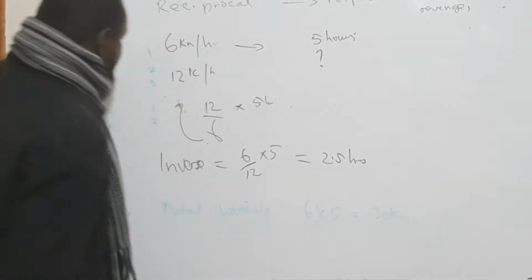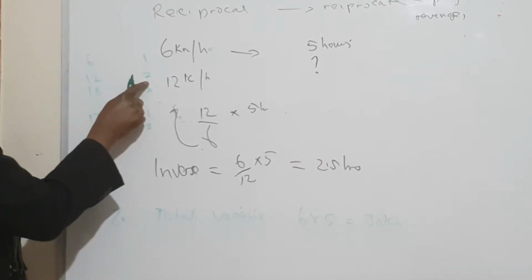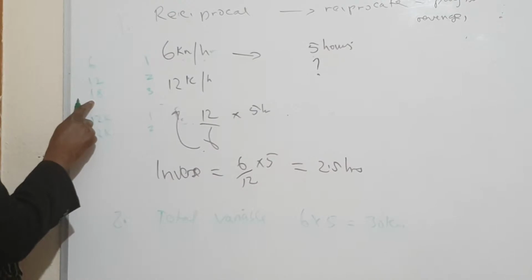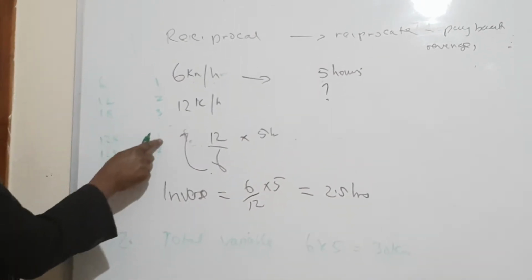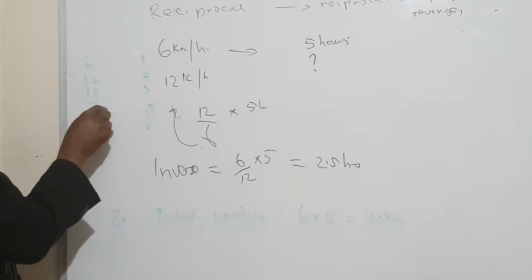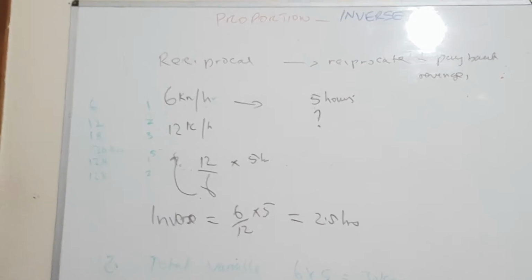Am I not right? Because in 1 hour he will have traveled 6, 2 hours 12, 3 hours 18. So we go down, we add 6.